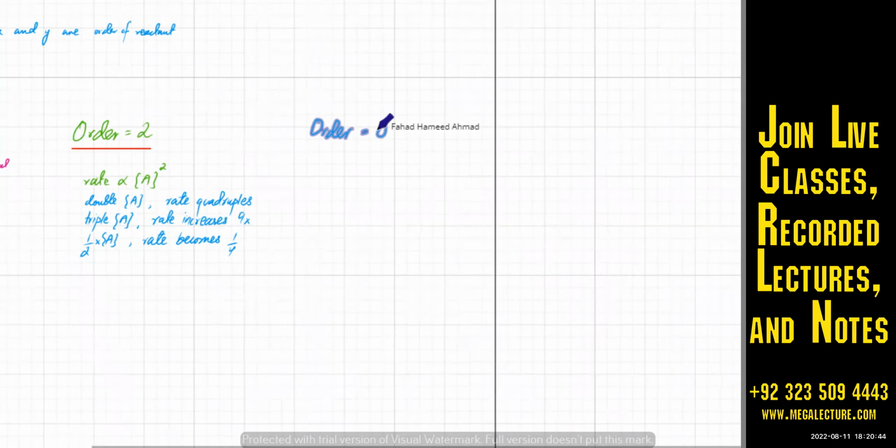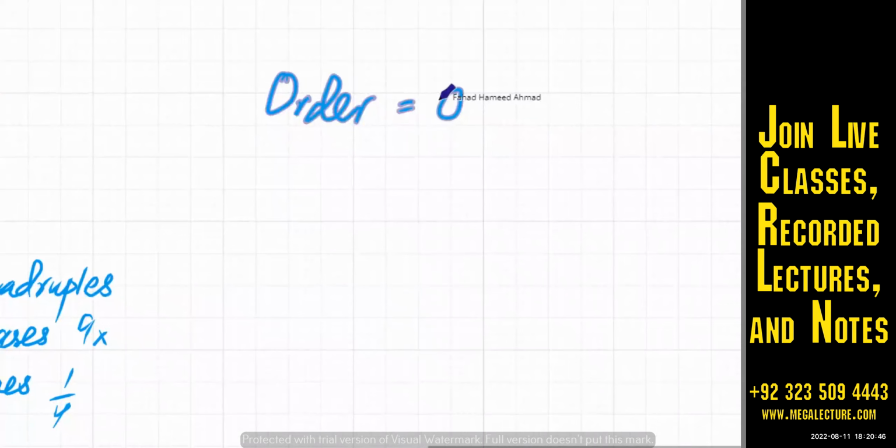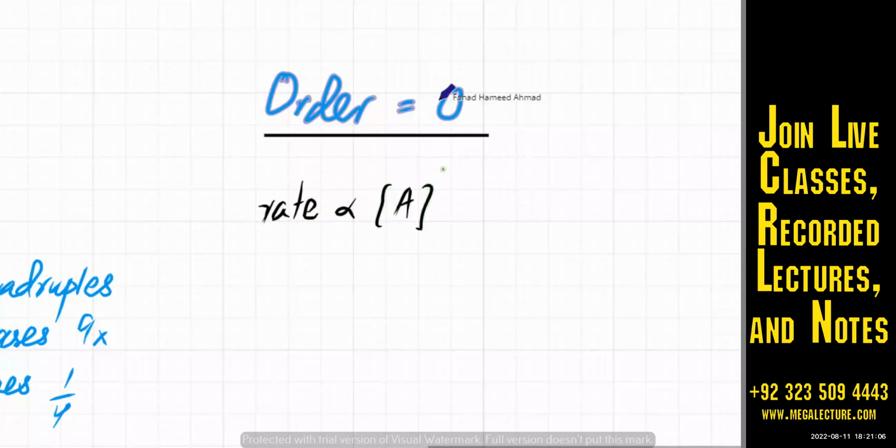We'll talk about the other things later, but right now, let's talk about order 0. So order 0, what is order 0? I've got rate, and that's proportional to the concentration of my reactant, but the power is 0.